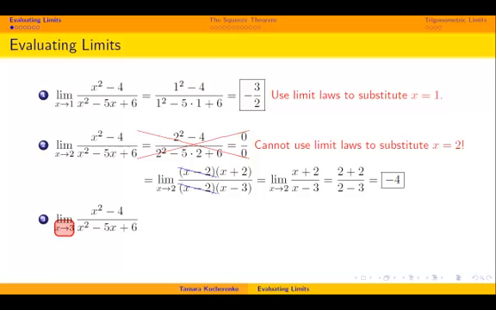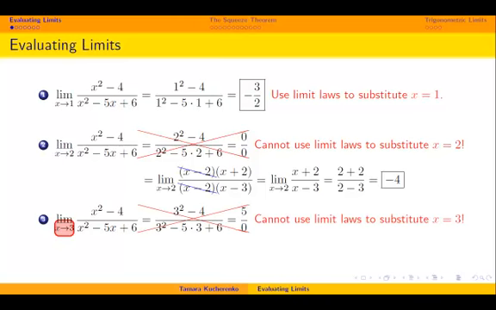We try to plug in x equals 3 and get 3 squared minus 4 divided by 3 squared minus 5 times 3 plus 6, which gives 5 over 0. The division by 0 is not allowed, so we cannot use limit laws to substitute x equals 3.